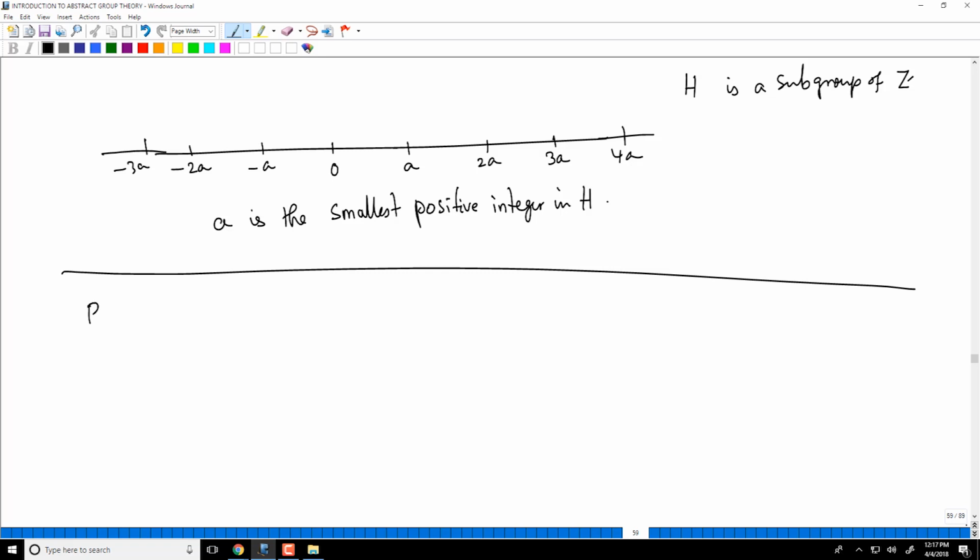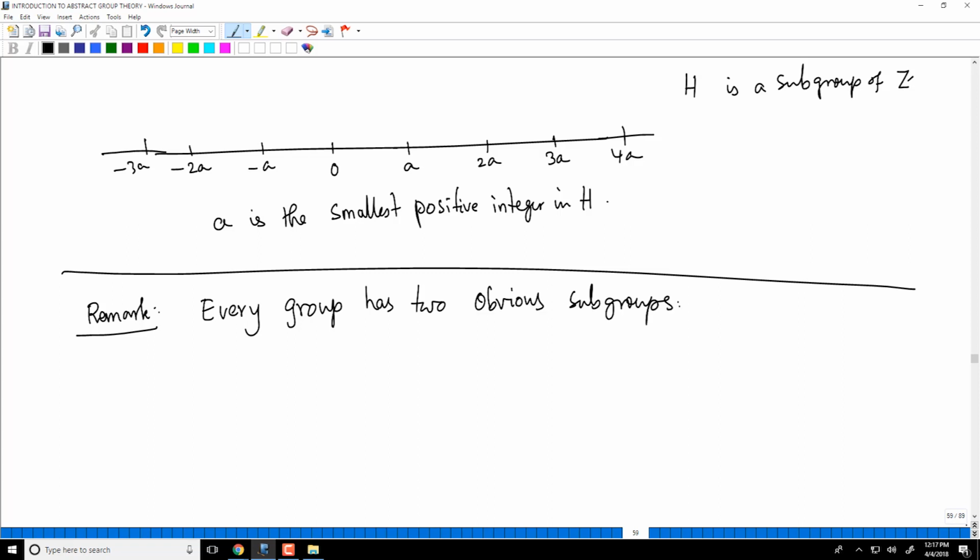One more remark. Every group has two obvious subgroups. No matter what the group is, it has two obvious subgroups.